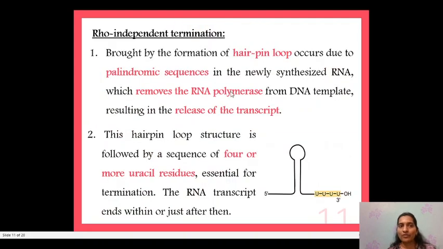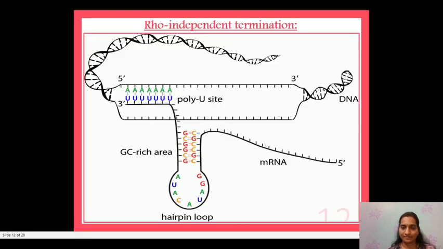When you come to rho independent termination, a hairpin loop is formed. This occurs due to the presence of palindromic sequences in the newly synthesized RNA, which removes the RNA polymerase from the DNA template, resulting in the formation of the transcript. This hairpin loop structure is usually followed by 4 uracil residues essential for the termination. The RNA transcript ends within or just after that.